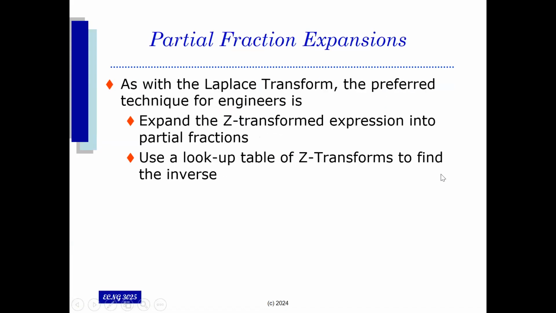And of course, the last thing, like we did for the Laplace transform, and this is what I guess most undergraduate and even graduate engineers prefer, is to use partial fractions. So you take the Z transform expression, you break it up into partial fractions, and then you go to a table that somebody did for you, and you try to match the partial fractions to the inverse.